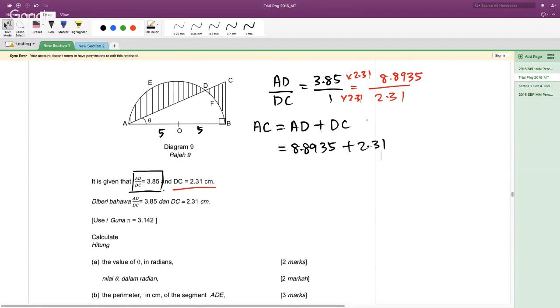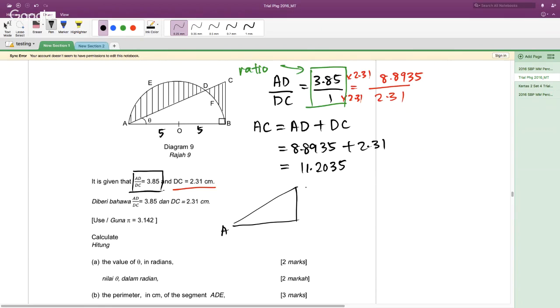You can never take the 3.85 and 1 as lengths; they are just a ratio. So I find the length of AC by adding 2.31, which is 11.2035.